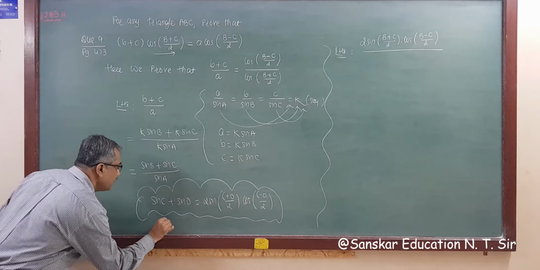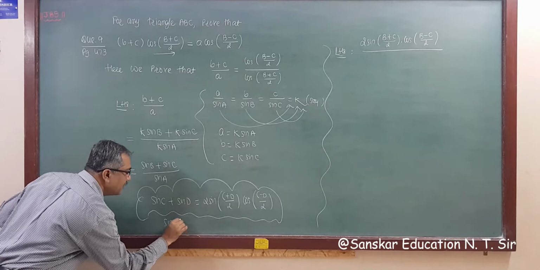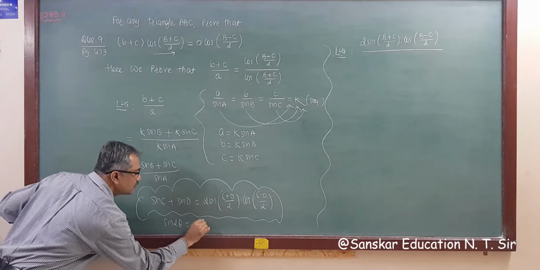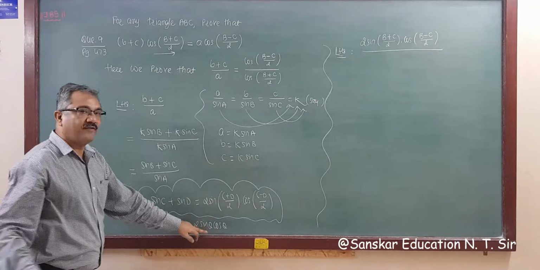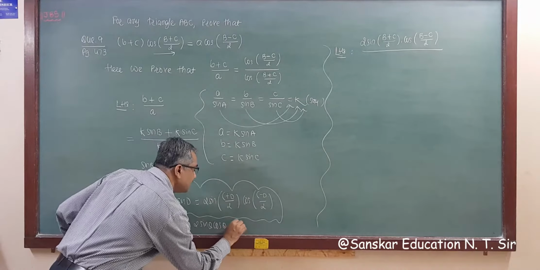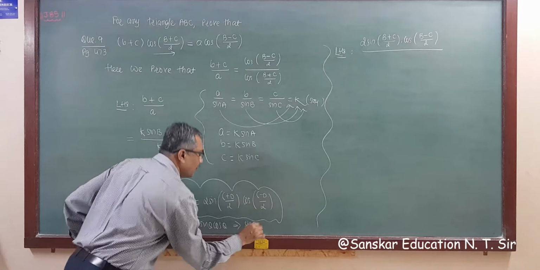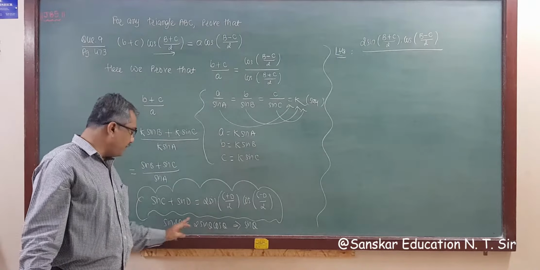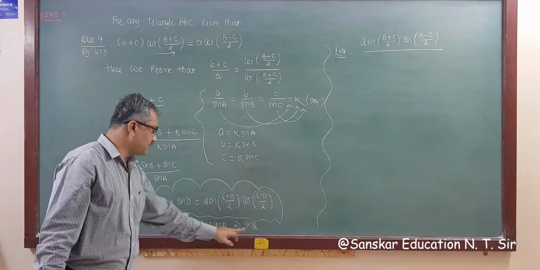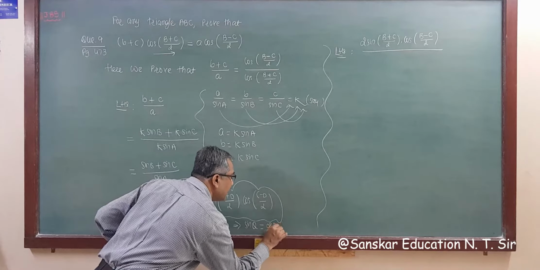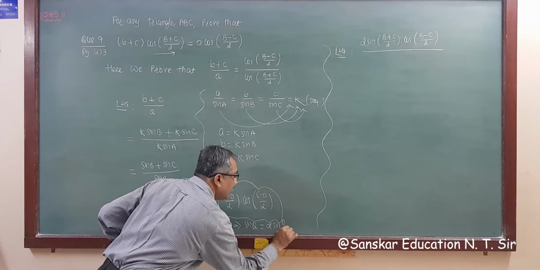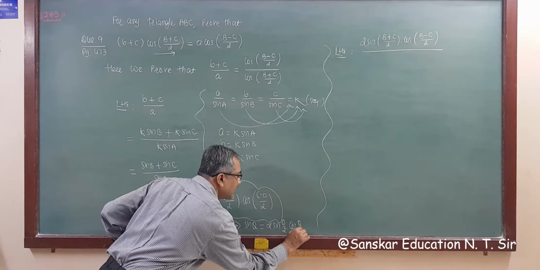Now sin 2 theta formula is 2 sin theta cos theta. So if 2 theta becomes 1 theta, then we have to write half of this theta. So the answer will be 2 sin(theta/2) into cos(theta/2).